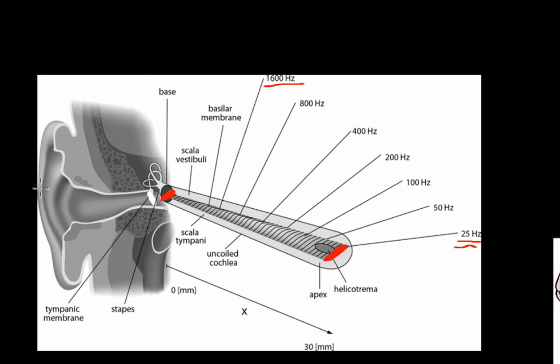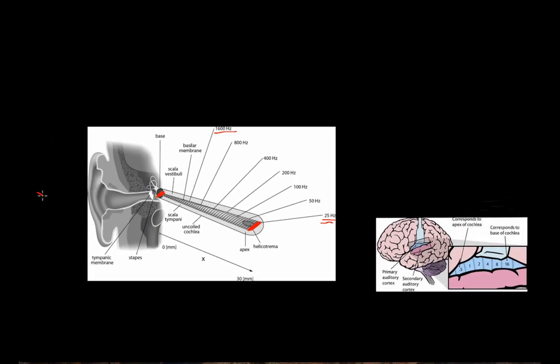So as sounds with varying frequencies reach the ear, they will stimulate different parts of the basilar membrane. If we have a bass drum being played, which has a pretty low frequency, it'll eventually go into the ear, reach the cochlea, and travel along this basilar membrane until it reaches the hair cell that is attuned to that particular frequency.